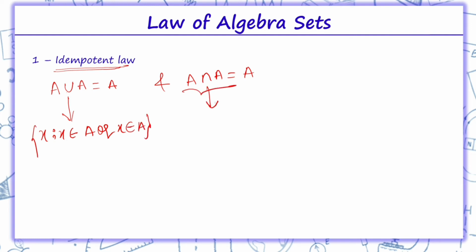If it is intersection, it will be written as {X such that X belongs to A and X belongs to A}. So this is the very first law, which states A union A is A and A intersection A is A.